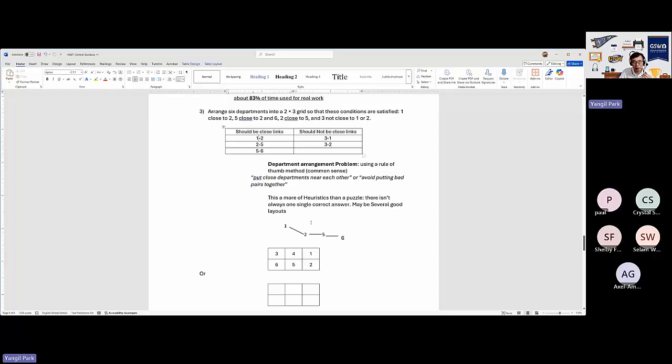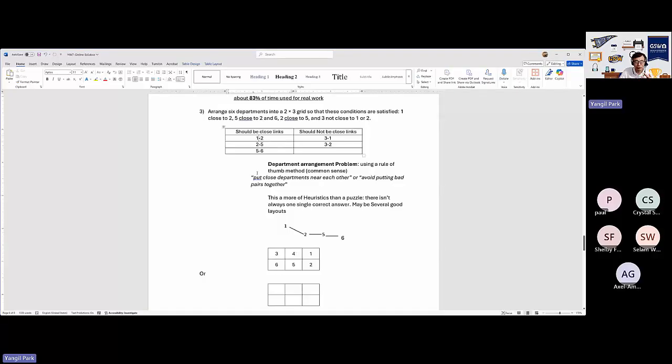So 3 must not be close to 1. So either put it near 2 or 5 or 6. Same thing between 3 and 2, they must not be close. So just try and put it like this. So that's what I have.